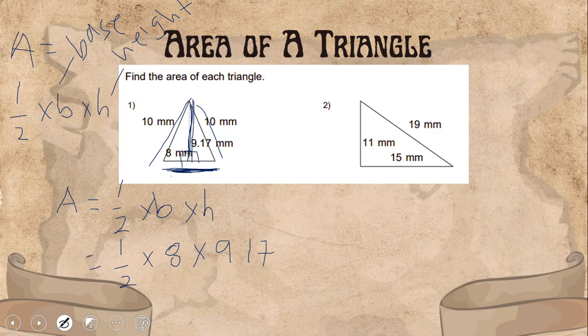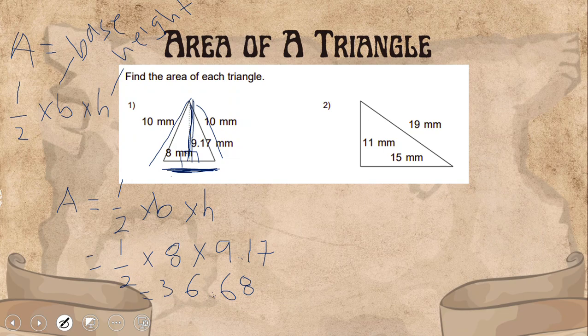So you can calculate 8 times 9.17, and then times 1 over 2, you will get 36.68.